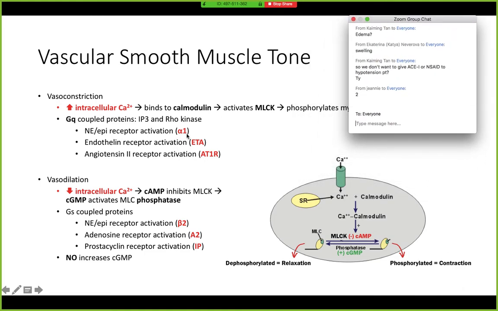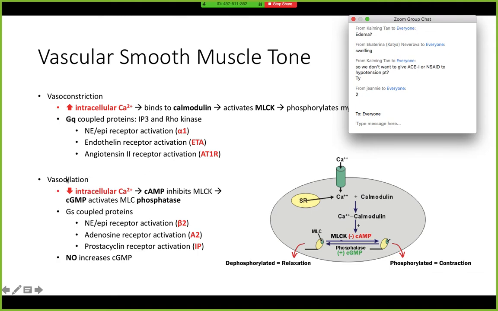And so if you think back to your autonomics, the Gq coupled proteins that mediate this are going to be norepinephrine or epinephrine receptor activation through alpha-1, or you'll also have angiotensin 2 receptor activation, so that's the AT1R that's mediating vasoconstriction, and then also endothelin receptor activation.